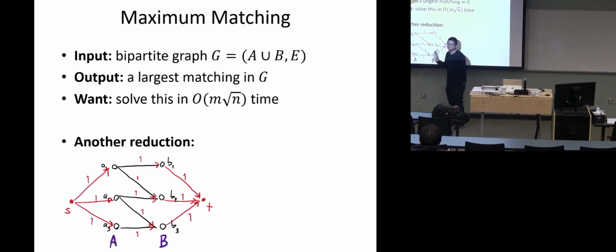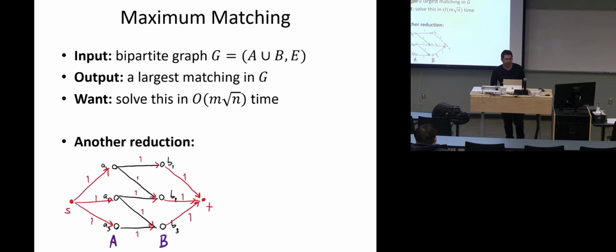If you recall, last time the capacity was on every node. But you can as well just set the capacity of each edge to be 1. Doesn't really change anything. If you solve max flow in this graph where the edge capacity is 1, the max flow will correspond to maximum matching.